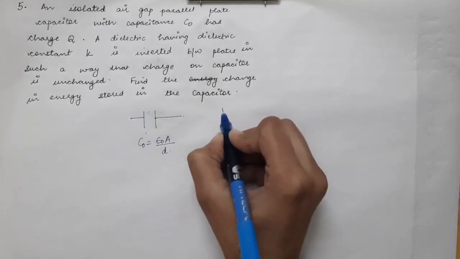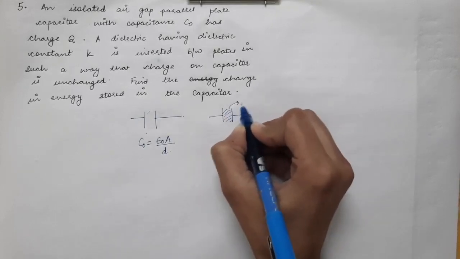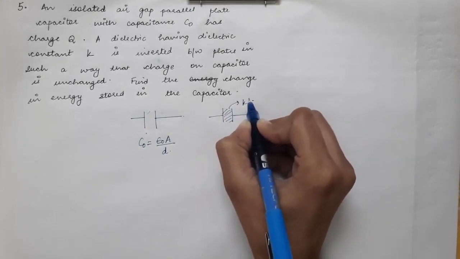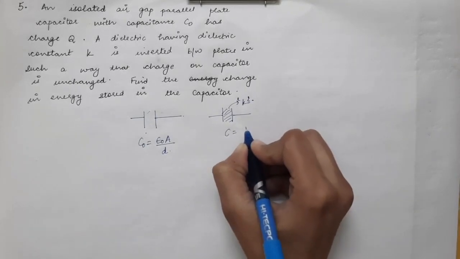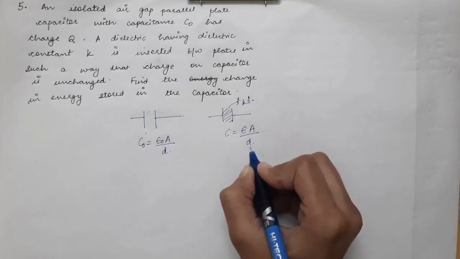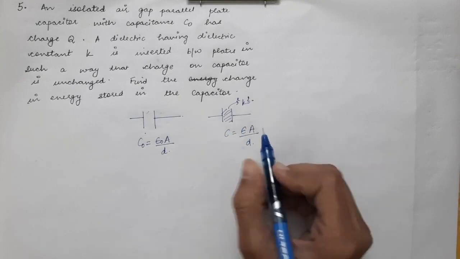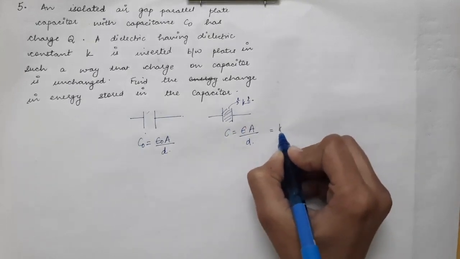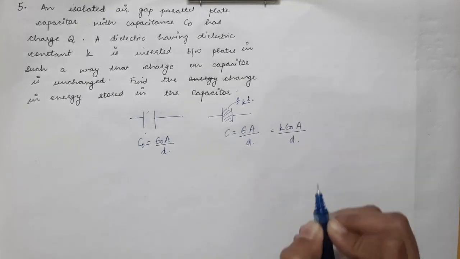Now when this capacitor is filled with the dielectric whose dielectric constant is equal to K, its capacitance will be given by epsilon into capital A divided by D, because A remains the same and the separation between the plates also remains the same. So this is the capacitance of this capacitor. Now epsilon is nothing but K into epsilon naught, into capital A remains as it is, divided by D remains as it is.